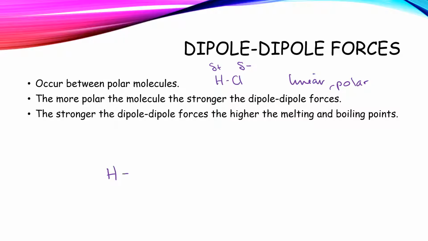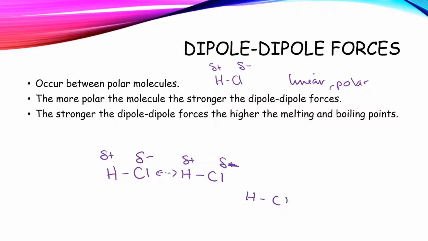If you've got a molecule with a partial negative and a partial positive charge, it will be attracted to another molecule. So that partial negative will be attracted to the partial positive of a neighbouring molecule, and vice versa.